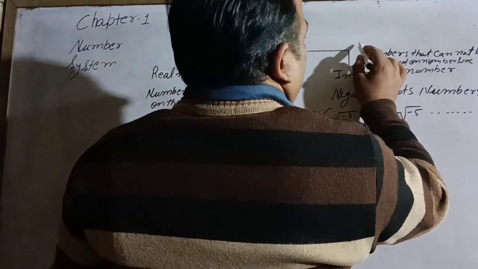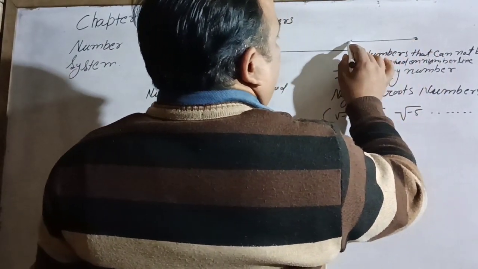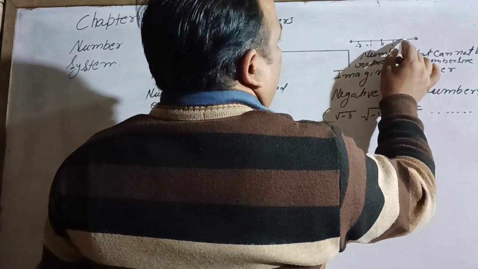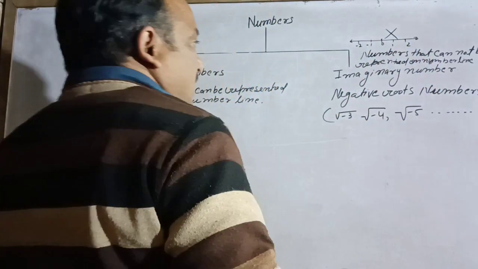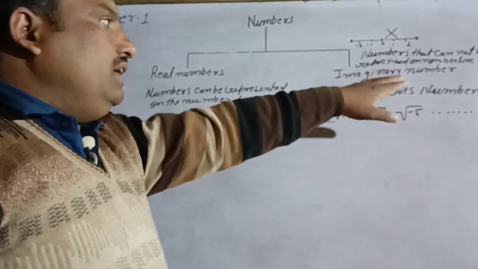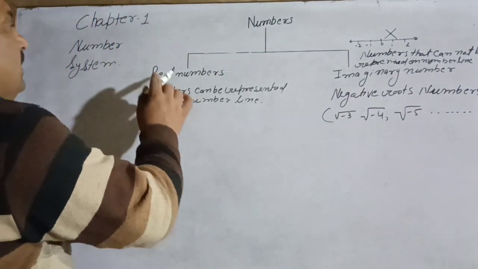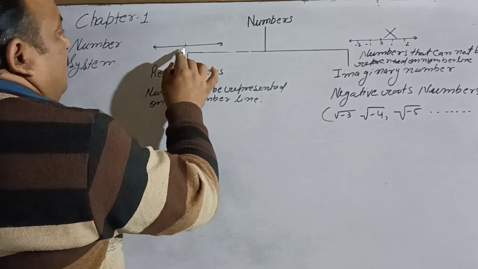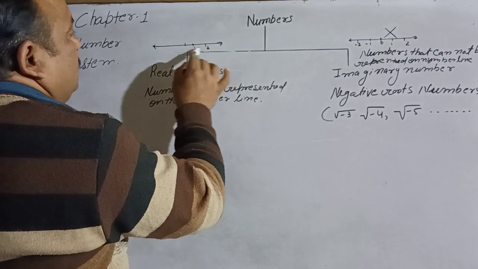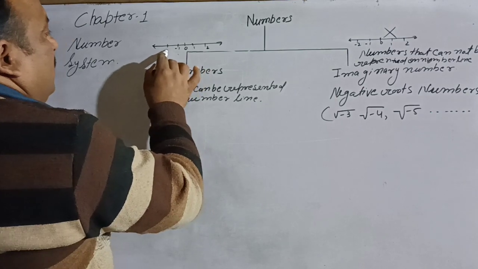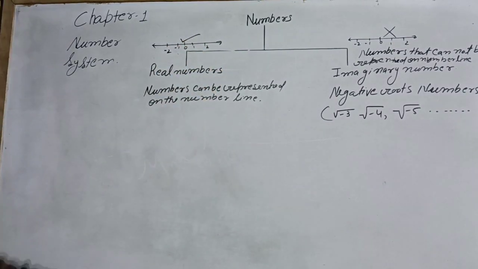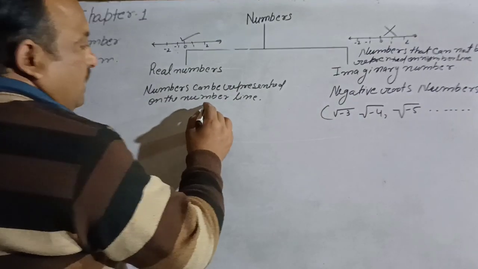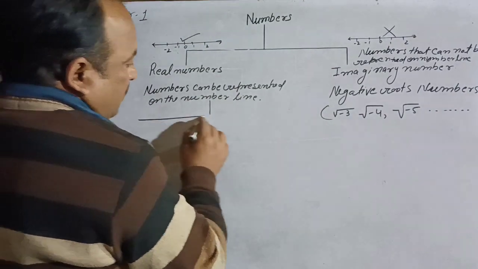As a symbol, we write the number line: 0, minus 1, minus 2, 1, 2, and we cannot represent an imaginary number on it. For real numbers we make a number line, write 1, 2, 0, minus 1, minus 2, and represent a real number on the number line. There are two types of real numbers.